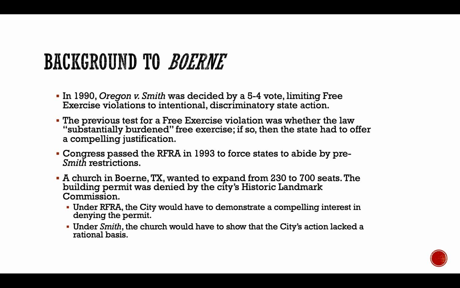Because it's almost impossible for a government to prove a compelling interest. And it's almost impossible for a private litigant to show that the government lacked a rational basis for its decision. So therefore, to decide the level of review is essentially to decide the case. Right? So that's why this fight is so important.